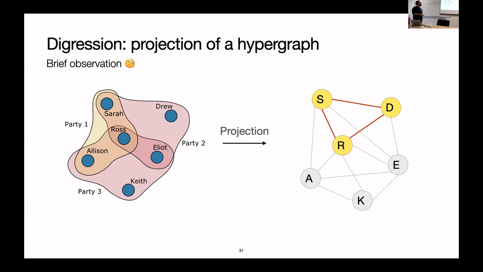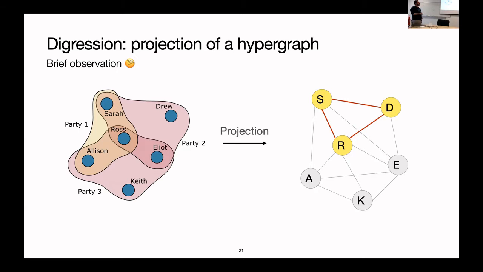One idea one could have is, let's take the hypergraph and project it. Basically, we substitute every hyperedge with a clique on the same nodes, and maybe run the classical algorithm on this projected graph, which is just a graph, so we can run the algorithms that people have proposed in literature.